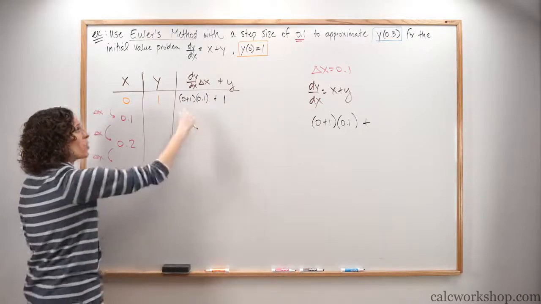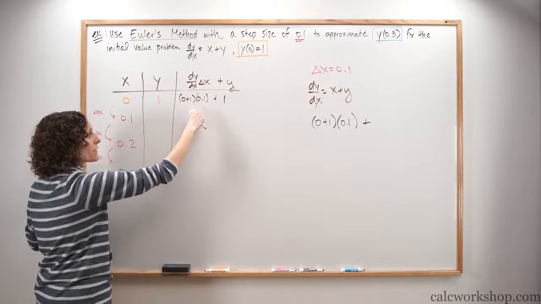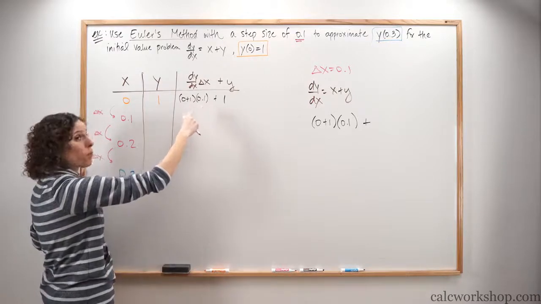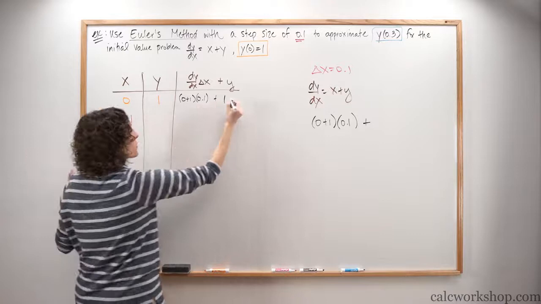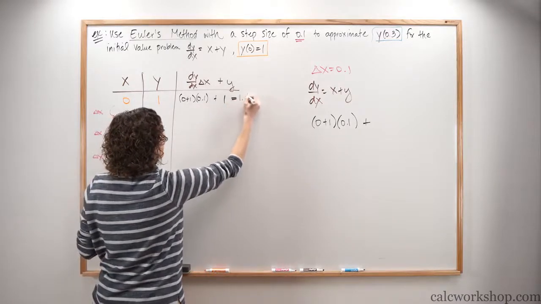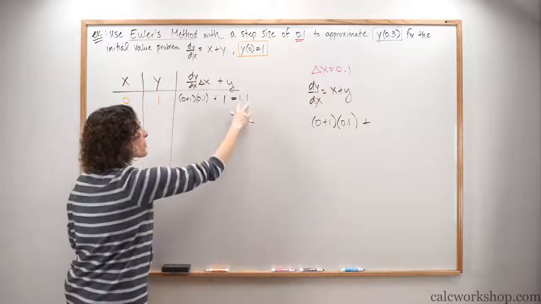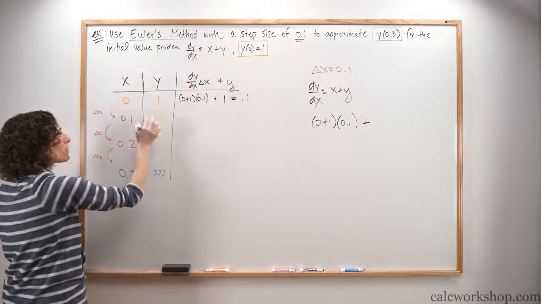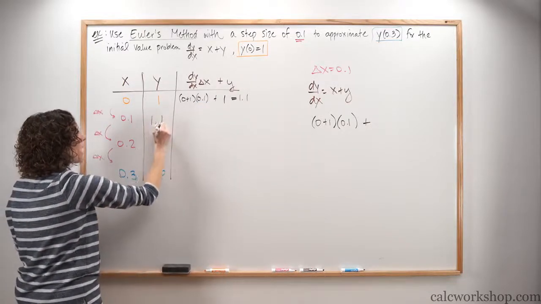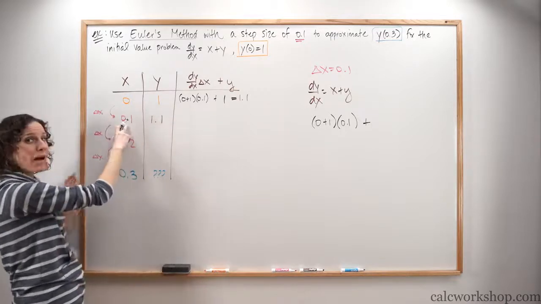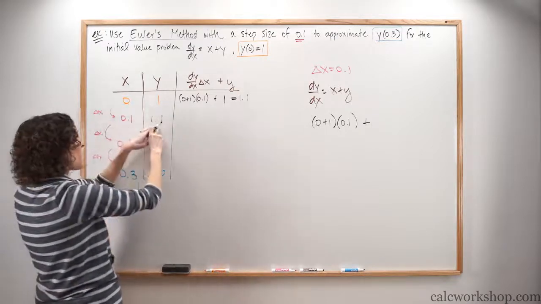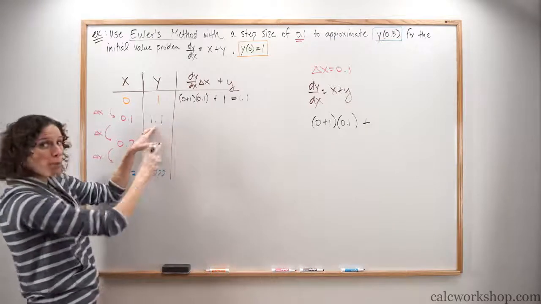So that means when we multiply this together, 1 times 0.1 is 0.1. And then plus 1, we get a value of 1.1. This is now the current y value. So this current y value comes on down. So after walking one step up the staircase, we are now no longer at 1, we're at 1.1.